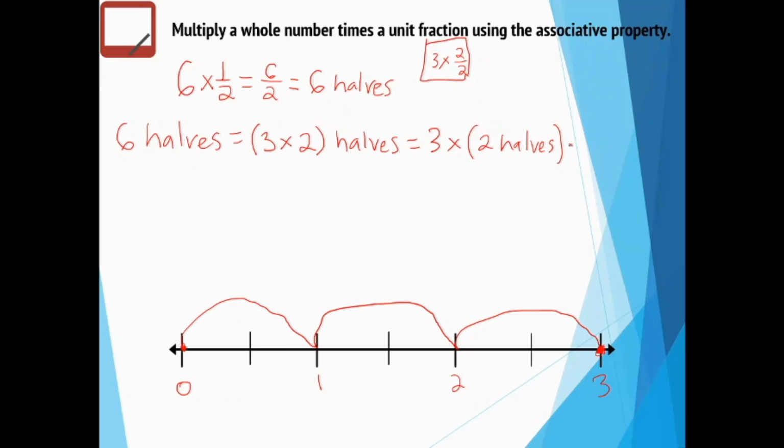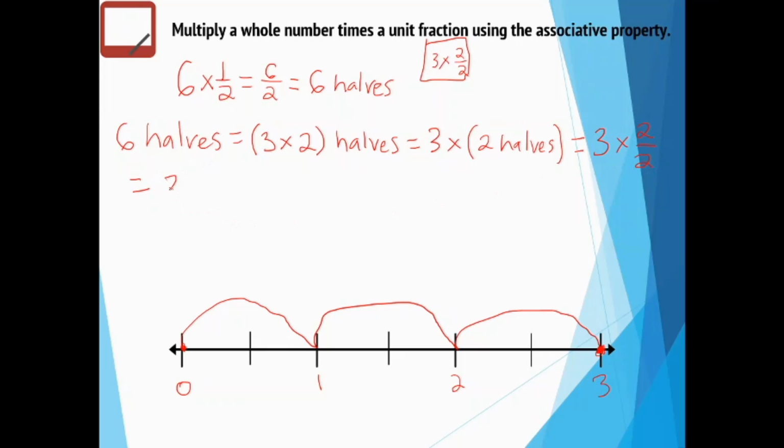I'm going to go ahead and write it like that. I'm going to put 3 times 2 over 2, like that. Now we know that 2 halves is really equal to 1.